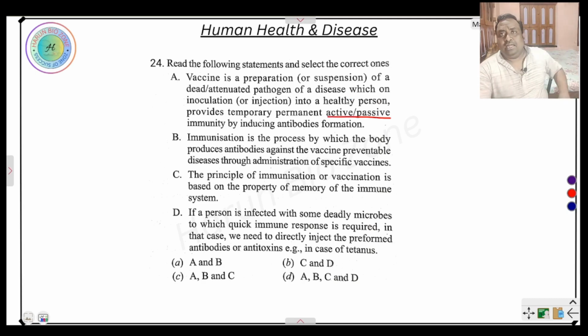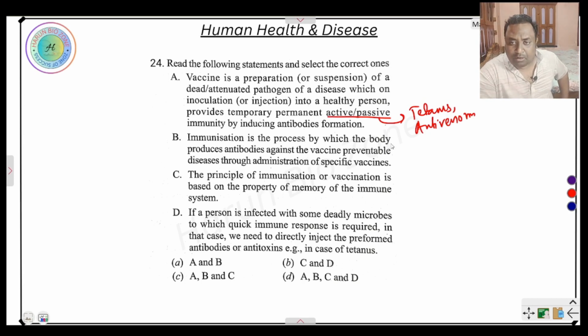This antibody production by vaccine is active immunity, but sometimes passive immunity, as in tetanus or antivenom, where antibody is produced outside of the body.